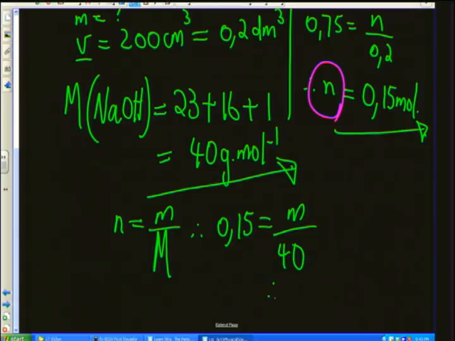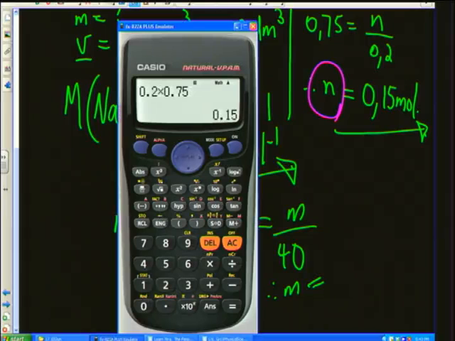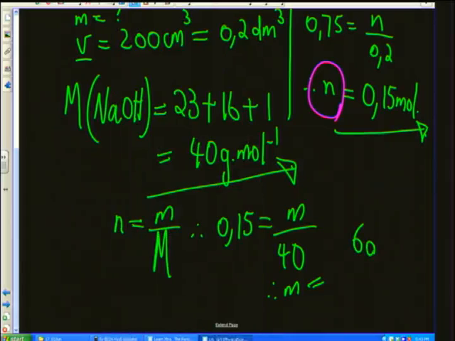Therefore, your mass is equal to 0.15 times 40. Multiply that by 40 and I get the mass. That works out exactly to 6 grams.